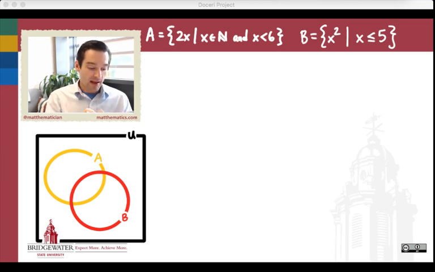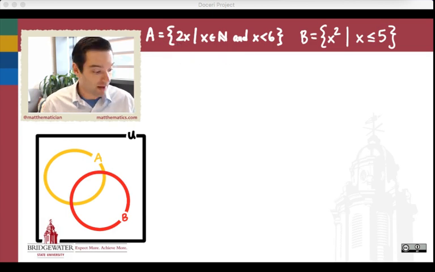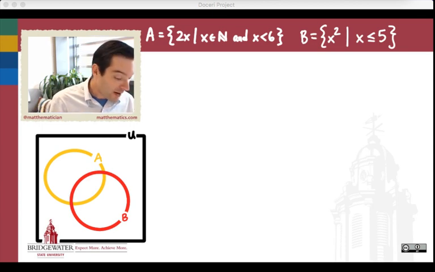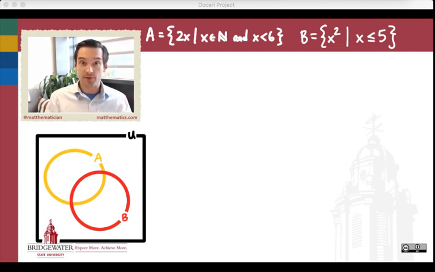And so here's the place where people ran into some difficulty. What I usually recommend doing when it's practical, and it certainly wasn't practical in our survey problem that we did a few minutes ago, but when it's practical to list out a roster for all of the elements in a set, that's a good place to start.